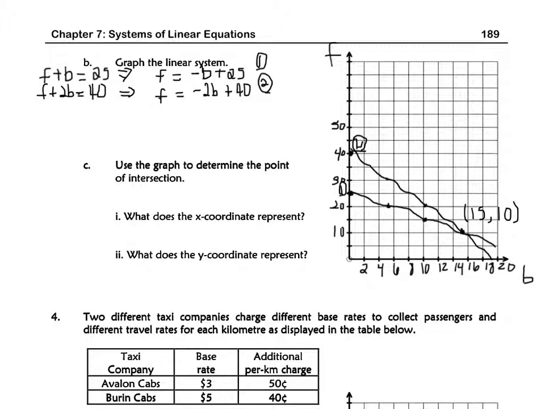So what does the x coordinate represent? That represents the baskets. X coordinate is the number of baskets, and the y coordinate would represent the F value, or the number of free throws.